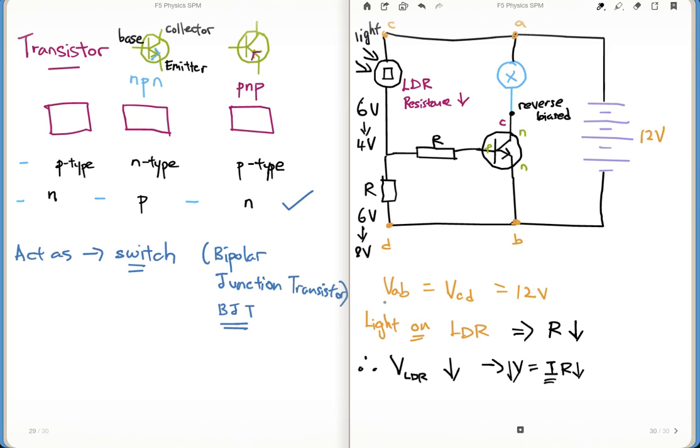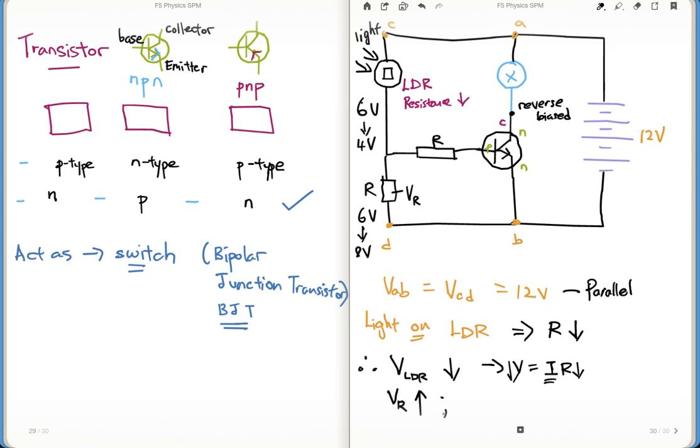So what happens? The voltage across the resistor here, this is VR, would therefore increase because they are in parallel configuration. This is because of parallel. Okay, so VR increases.